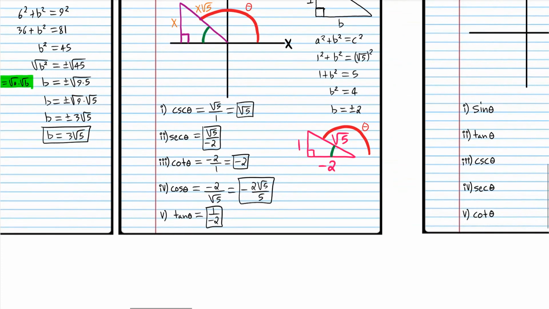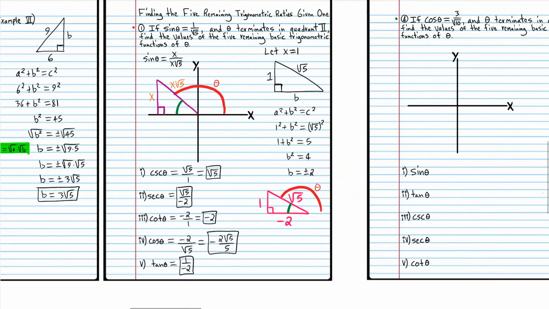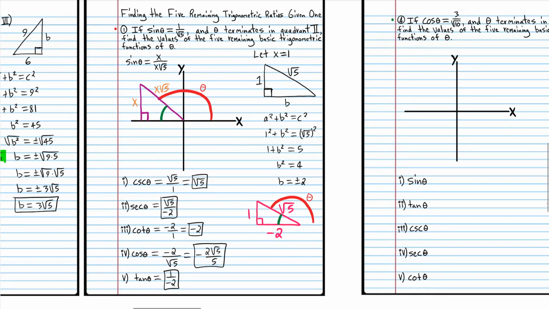So there you go. So once you have this triangle, you can find your values very, very quickly. And when you get used to these problems, you're going to do these very, very quickly, much quicker than we just did them together. But we're explaining every single step. So that's the general procedure.